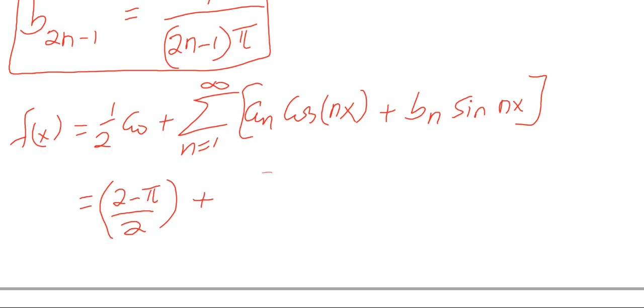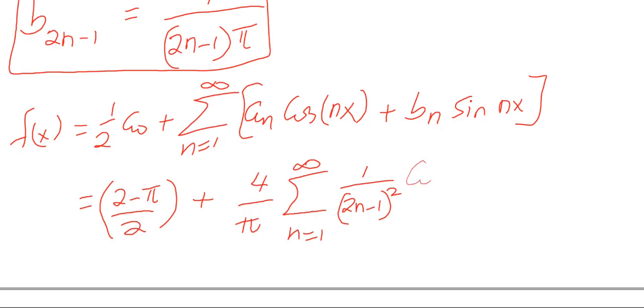Then I have the sum from n. I can of course separate the two terms here, so that I first write the cosine terms. So I have 4 over pi. Then the sum is for n is 1 to infinity, 1 over 2n minus 1 squared cosine of 2n minus 1 x.